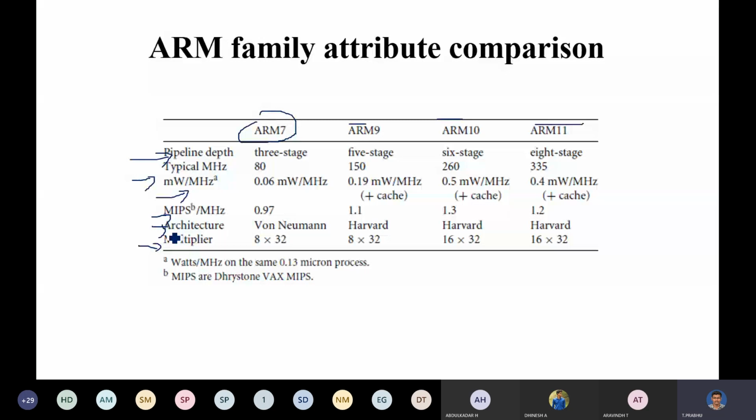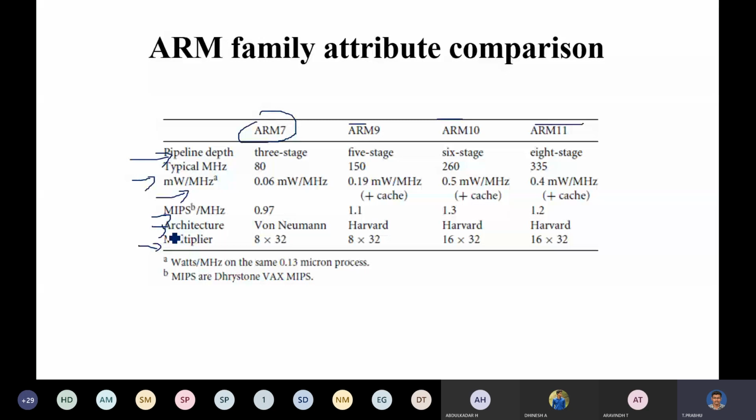So we compare, and the pipeline stage: ARM 7 has a 3-stage pipeline and ARM 9 has a 5-stage pipeline, with the stages increasing as the ARM core increases.